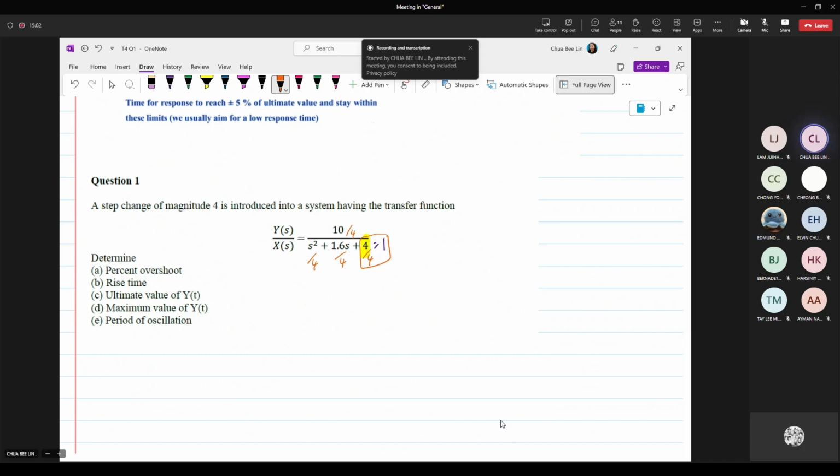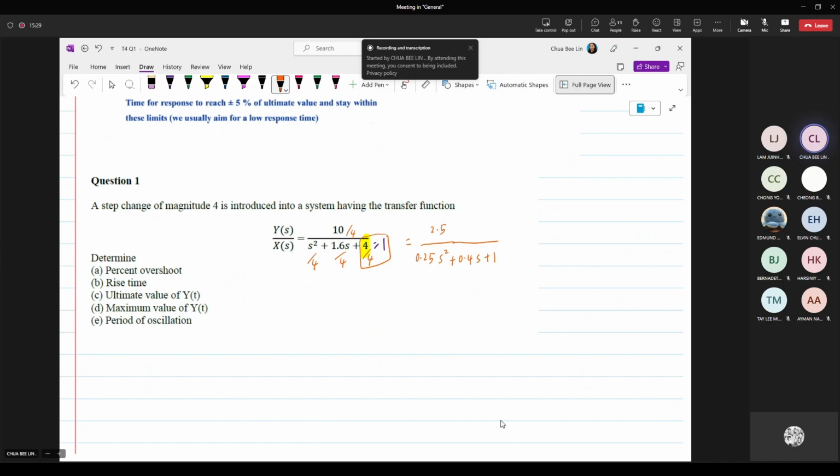So from here, you will get 2.5 over 1 over 4 s squared plus 1 over 6. So just give the final answer: 0.25 s squared plus 0.4 s plus 1.